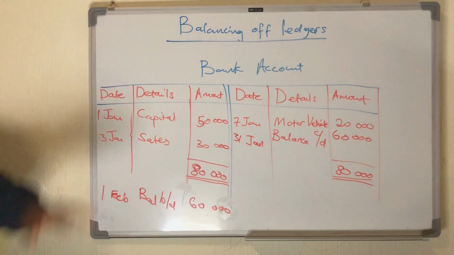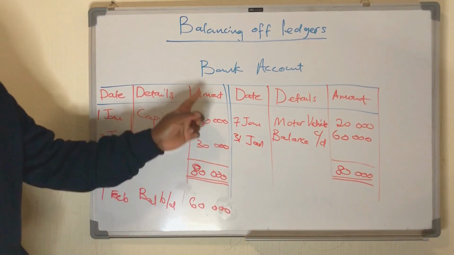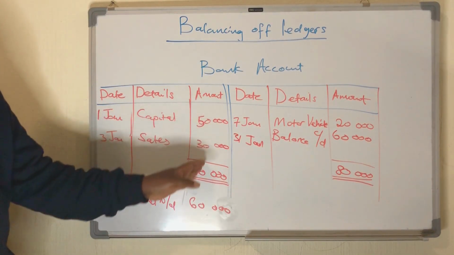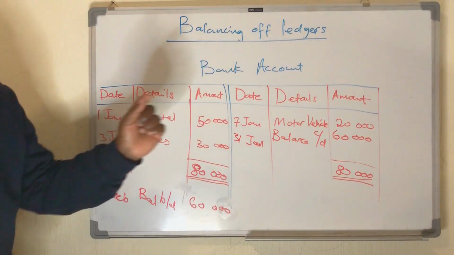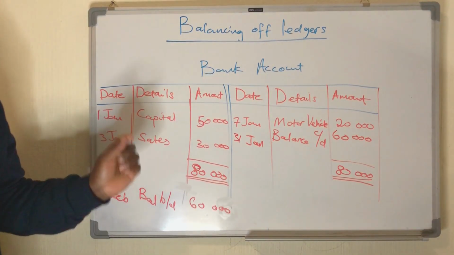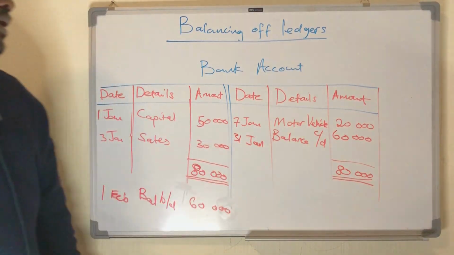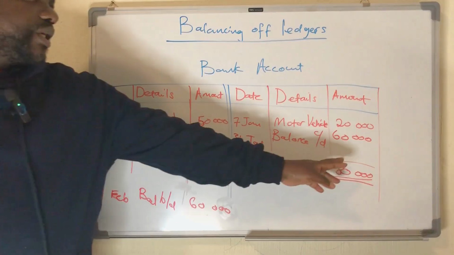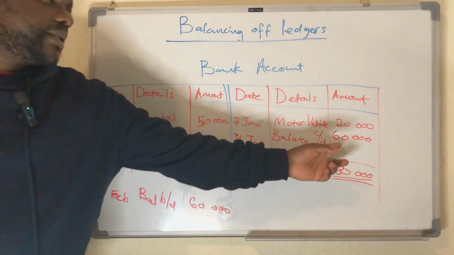So that's how we balance off our ledger accounts. The first thing, make sure you are comparing all the amounts on your debit side and the amounts on your credit side. Whichever amount is higher becomes the total of the account. Then you subtract all the amounts that are on the shorter side to get your balance CD.